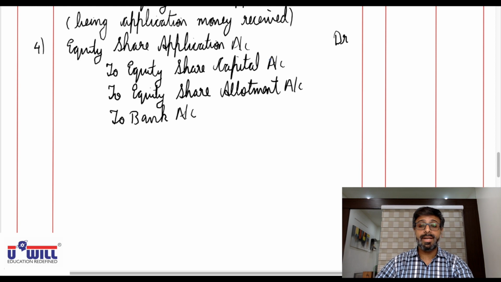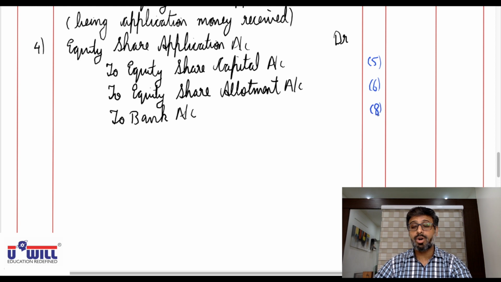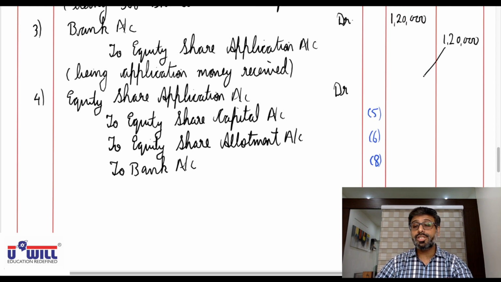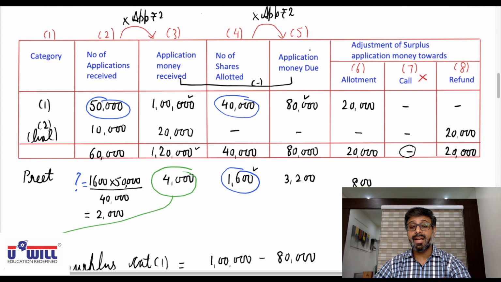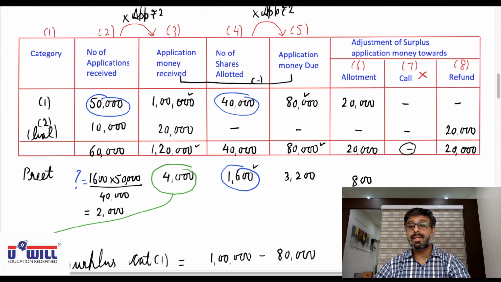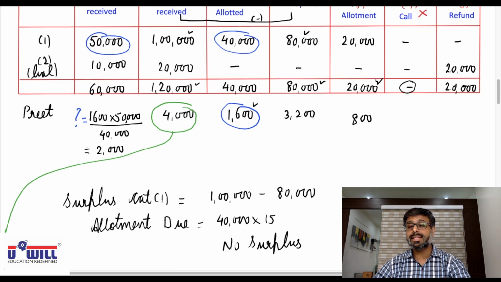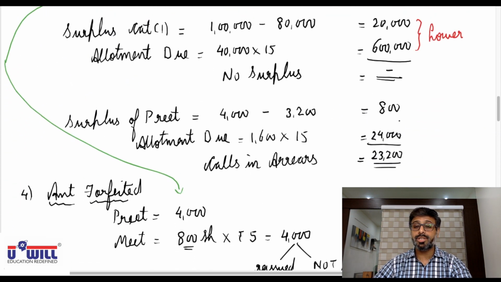Which amounts will be taken? You all know this: columns 5, 6, 7 and 8. Seventh column is not there, amounts are not there, so 8. Equity share application account you will debit and close with full amount 1,20,000. Equity share capital with fifth column 80,000, allotment 20,000, sixth column refund 20,000 to bank.